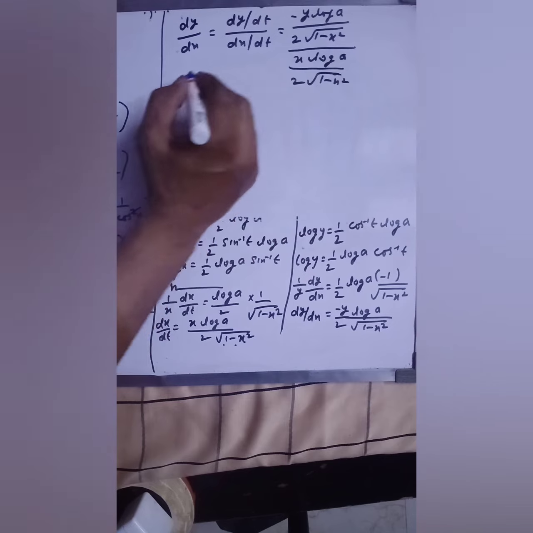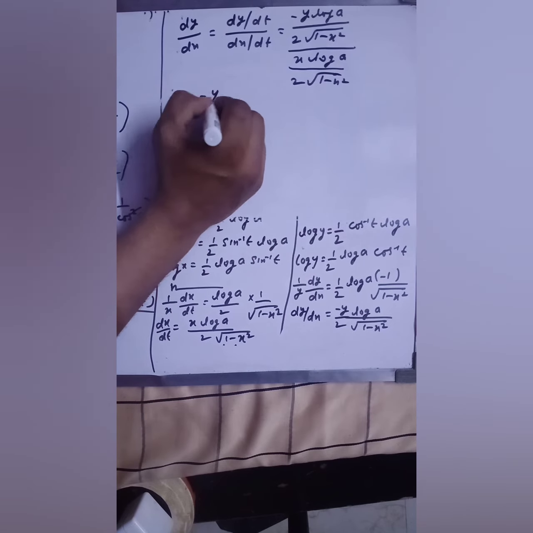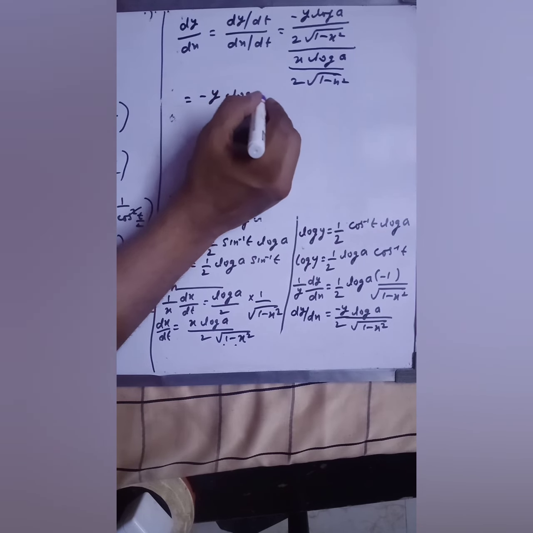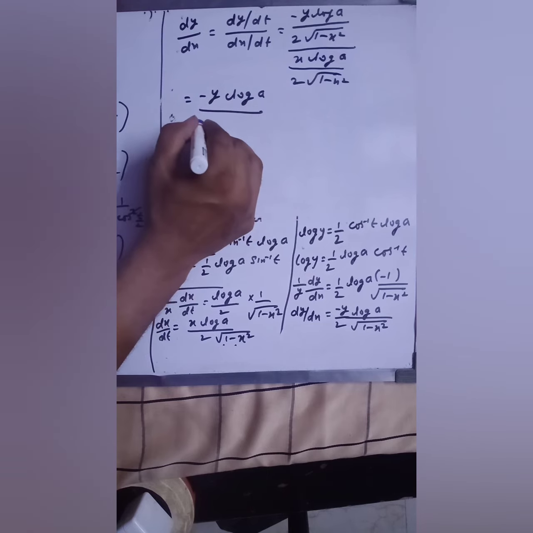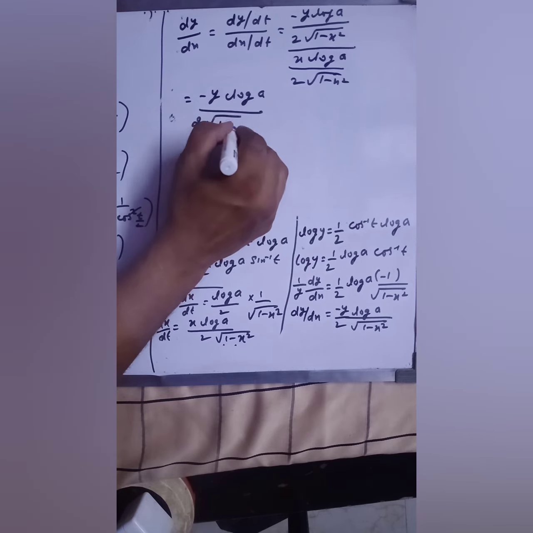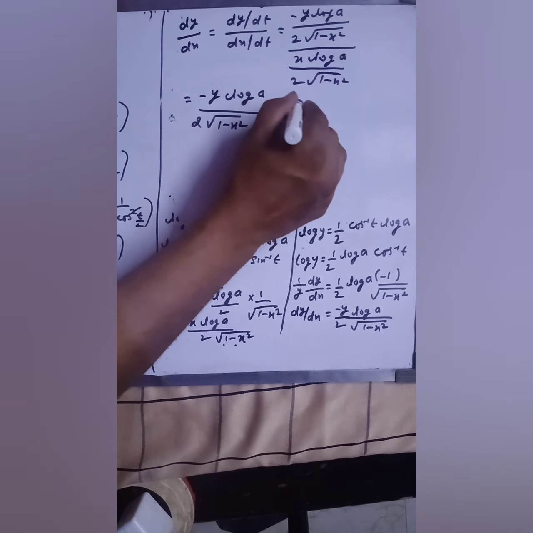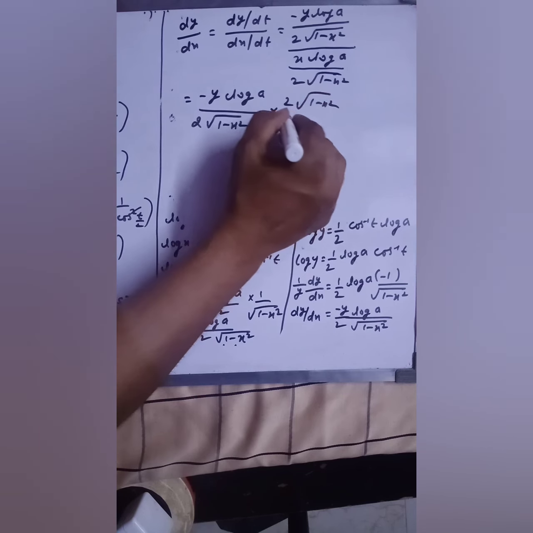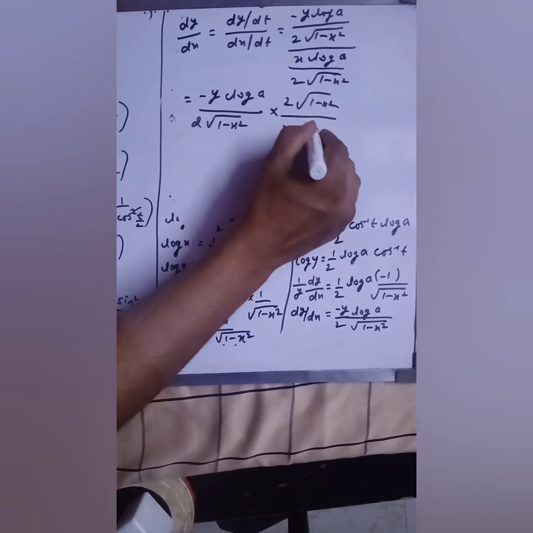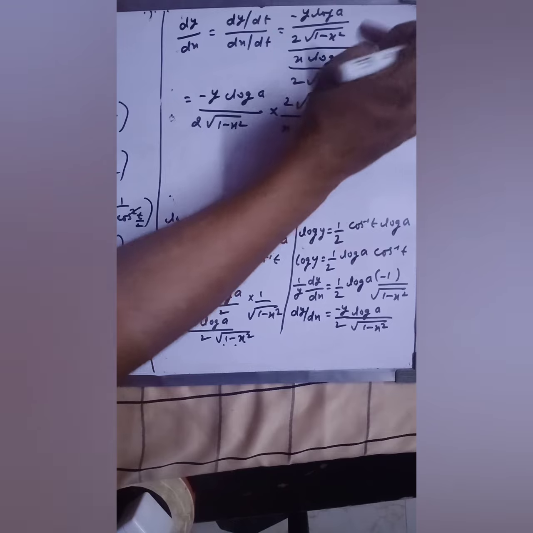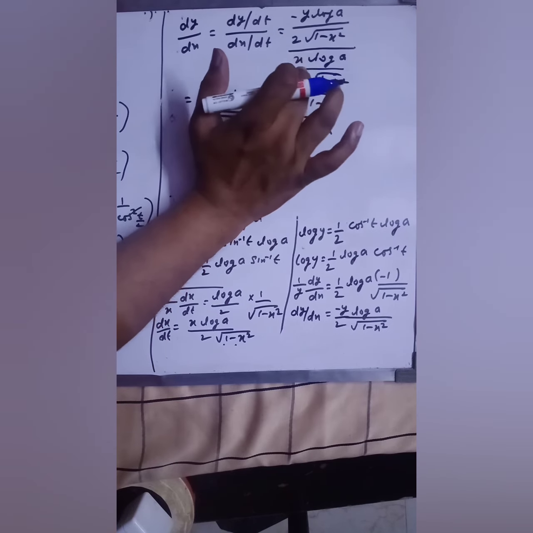Fine. In the next step, log a over 2 under root 1 minus x square into 2. Okay, this is in denominator.